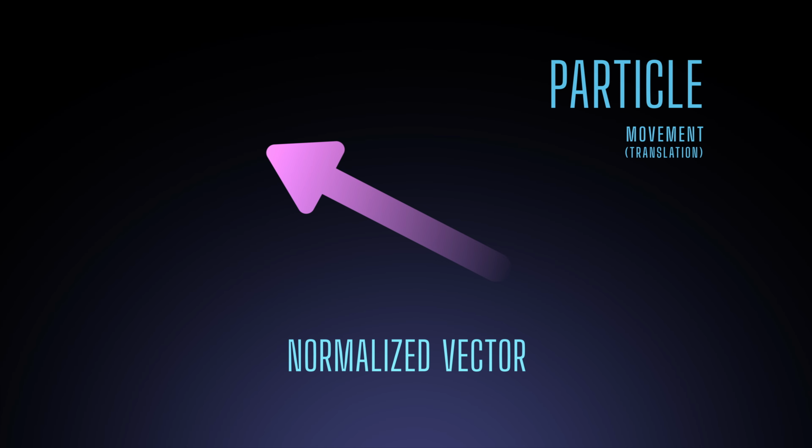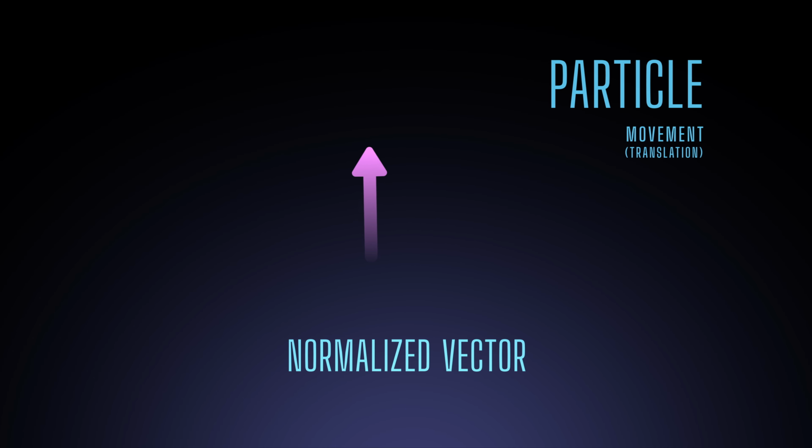One way of thinking of a normalized vector is by imagining an arrow, which is exactly 1 unit long. And we can describe the direction that's pointing in by describing the position, those 3 floats, the vector 3, of a point at the tip of this arrow, exactly 1 unit long.